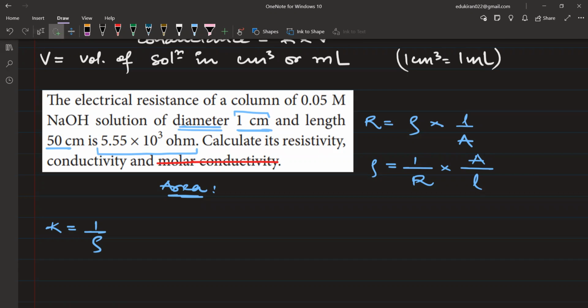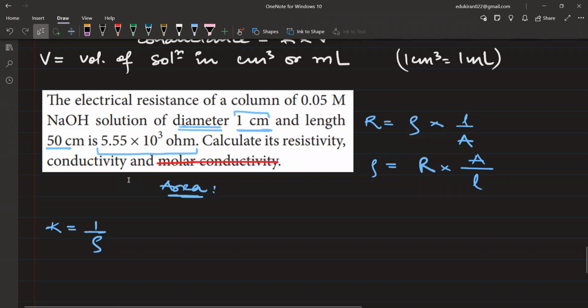एक सेकंड, जस्ट अ सेकंड, I think this is not right ना. This will be r into a by l, r into a by l होगा ना. हाँ, this will be r into a by l, ठीक है.